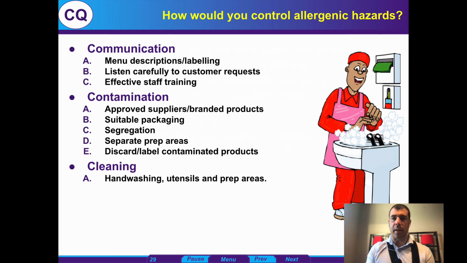And always bear in mind the fact that cleaning will remove the allergen, but disinfecting will not have any effect on it. So if you just disinfect with the wrong chemical, for instance, a bench covered with flour, the gluten will stay there even if you disinfected it. So only thorough cleaning will remove it.